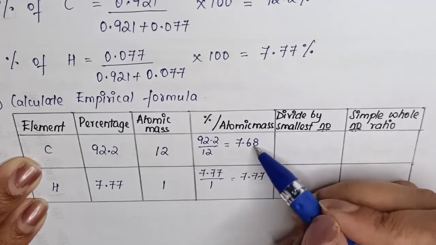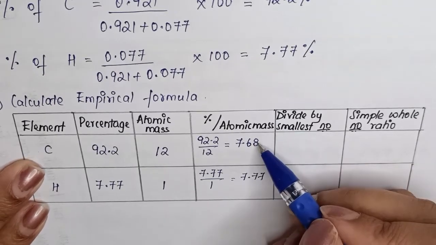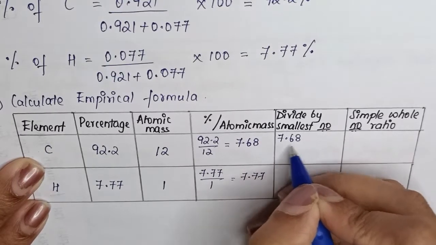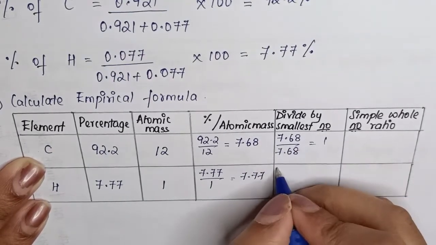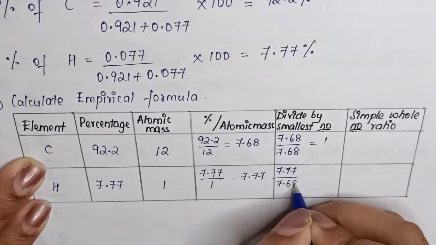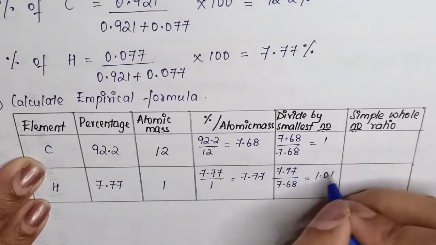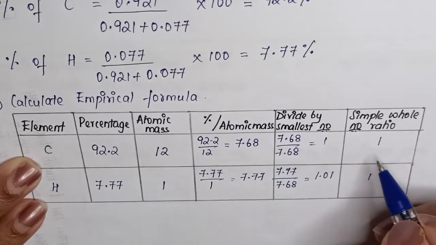Now of the two values compared, this is a smaller value. So here we divide each value by the smallest number, so 7.68 by 7.68, which is equal to 1. This will be 7.77 divided by 7.68. This will be equal to 1.01. When you round off the value to simple ratio, your ratios are going to be 1:1.